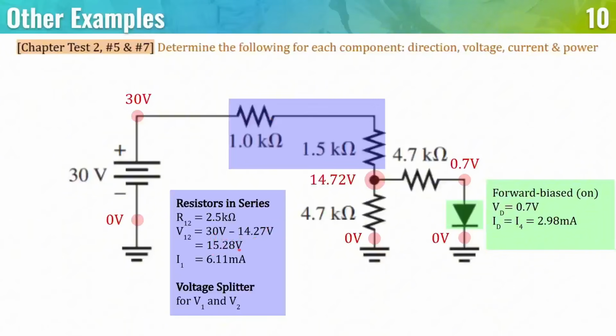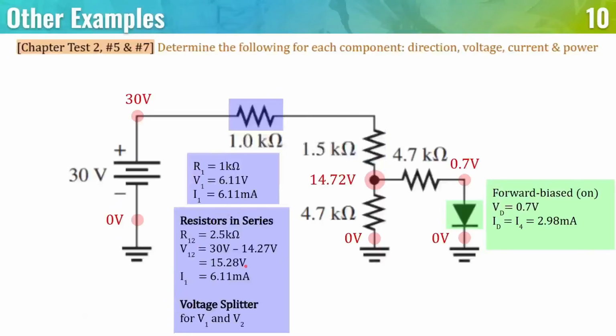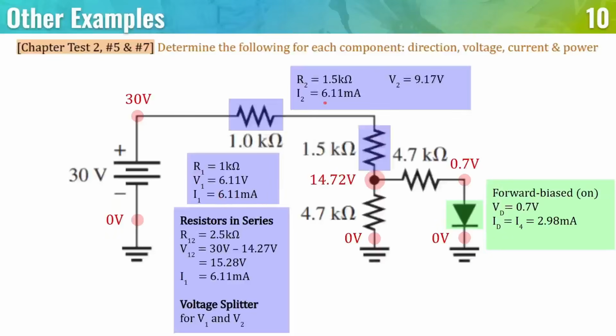15.28 divided by 2.5 kilo ohms is going to yield this. So the current is going to be the same, and then you can use the voltage splitter. The total resistance is going to be 2.5.